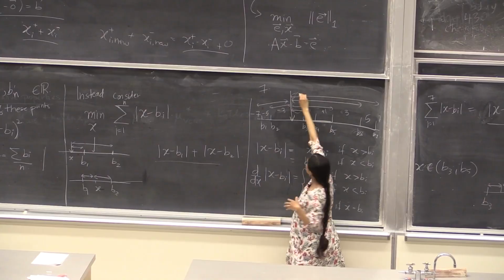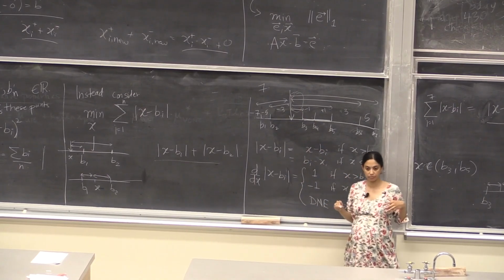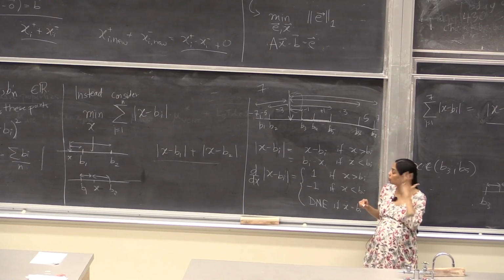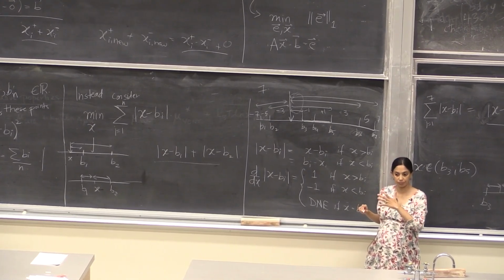All of this is getting double counted. And so moving it closer to B3 will always reduce that double counting.